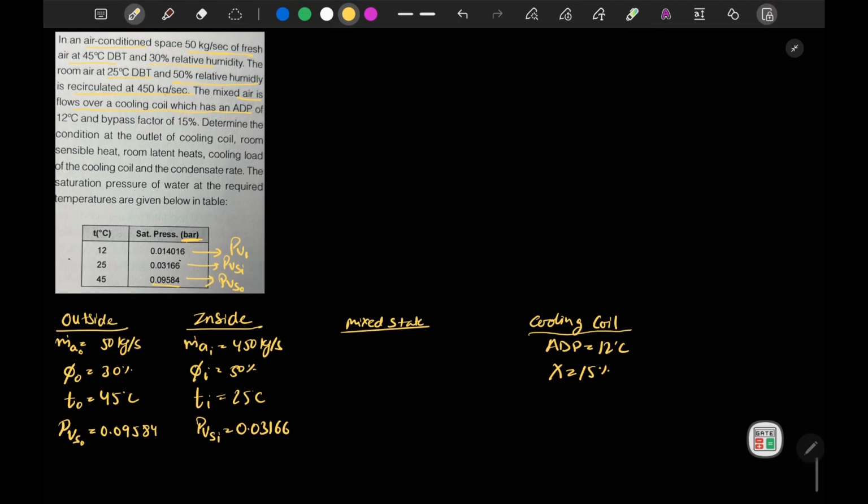Let me draw this cycle on a psychrometric chart. So this is our psychrometric chart. It is mentioned what happens in the case of our outside air. This is our outside air, this is our inside air, and it mixes at, let's say, state 1, and from state 1 it moves to state 2.